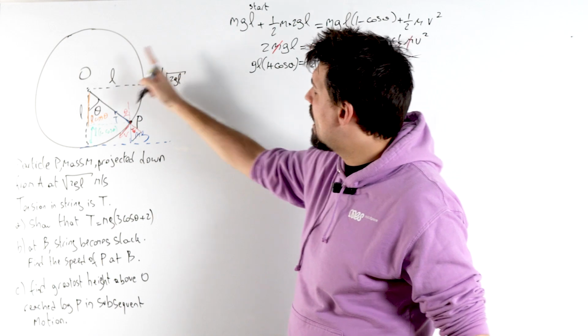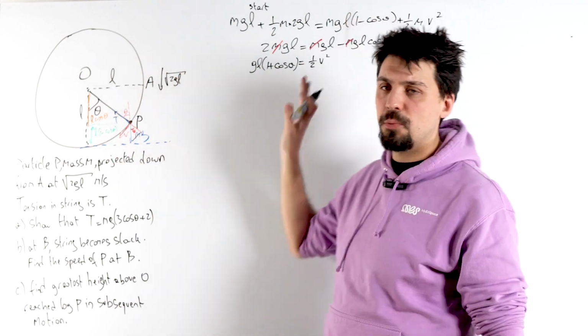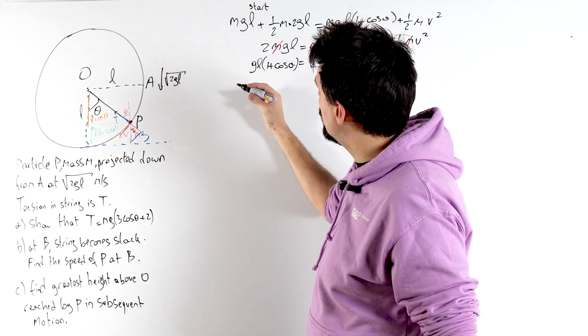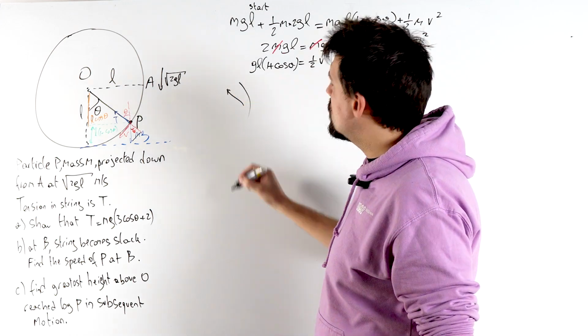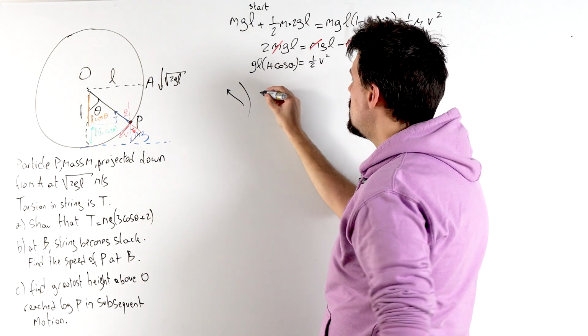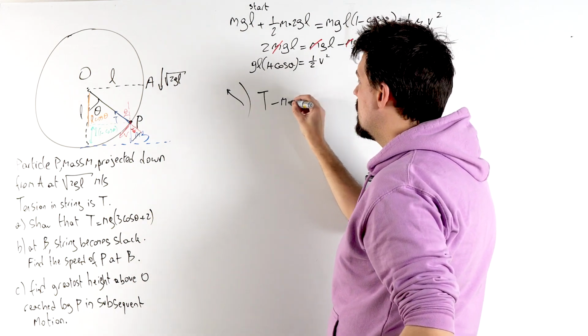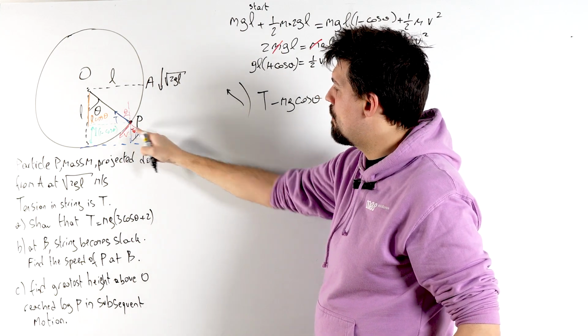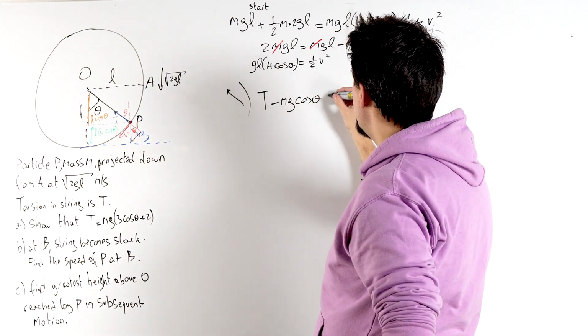We now need to look at the centripetal force. Now we've got an expression for v, we can start looking at it. What force is dragging me in? There's a T, and there's an mg cos theta dragging me back out, with a little bit of geometry down there.